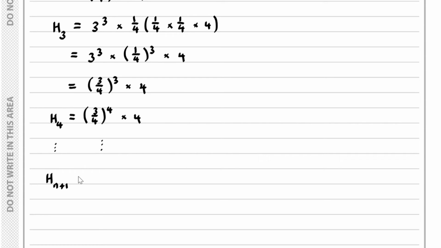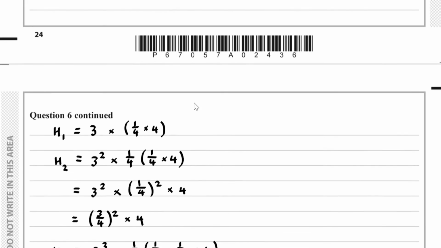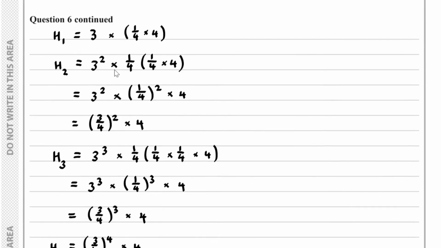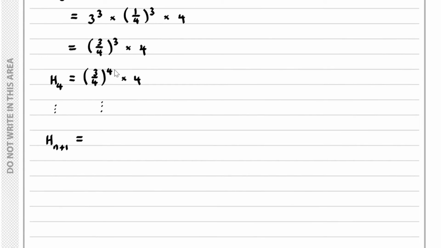So for hn plus 1, because we don't want to consider the h0 with it, we will have 3 quarters to the n plus 1 times 4.